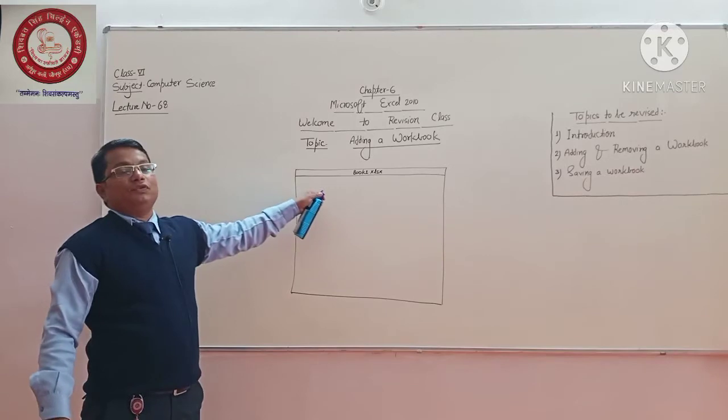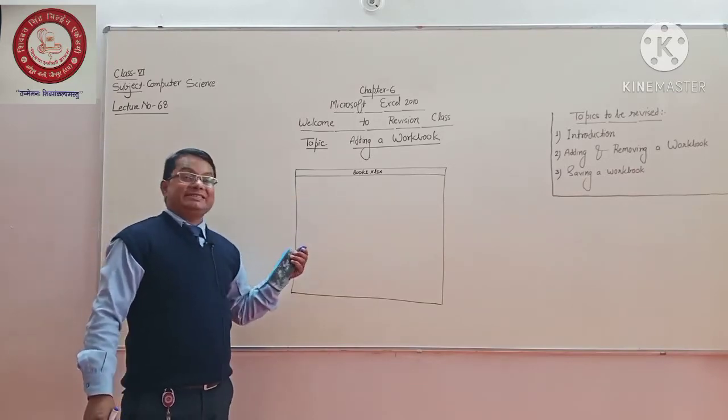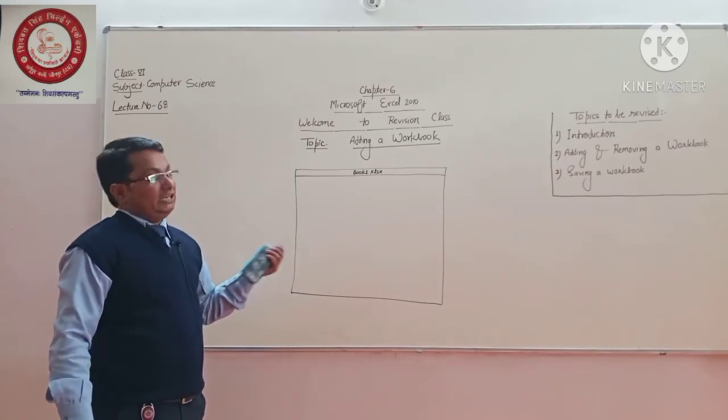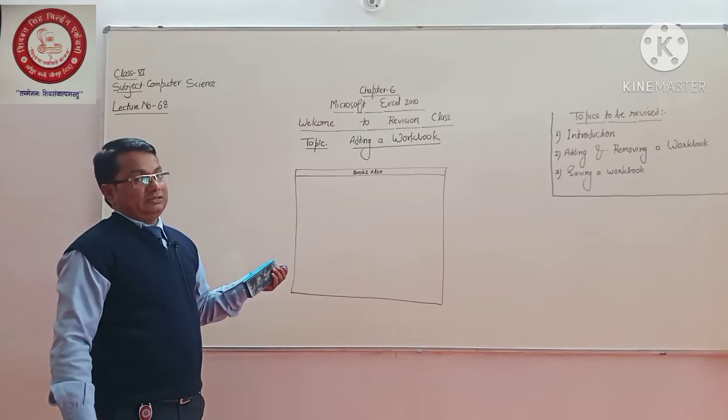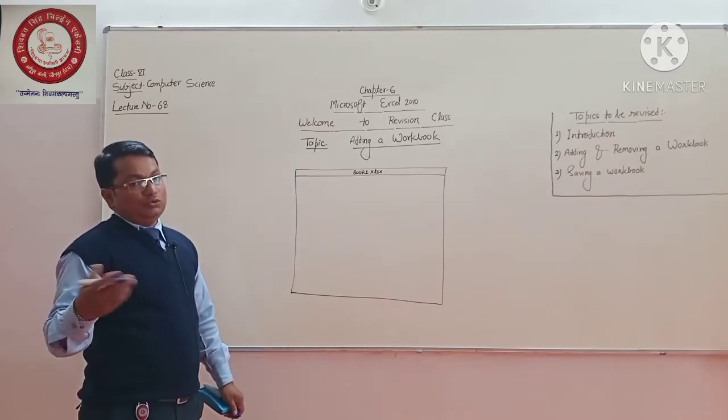This is the default name of your workbook, because once it is saved, whatever name you give to this file will be there. So right now we are talking about how to add a new file, how to add a new workbook.